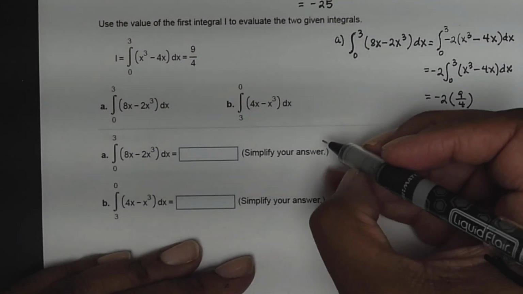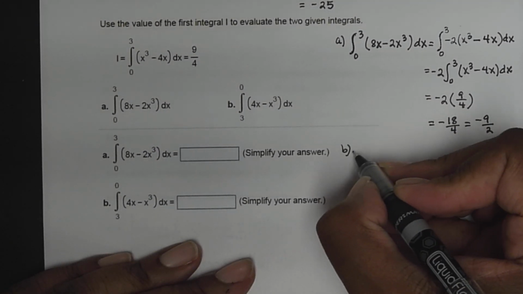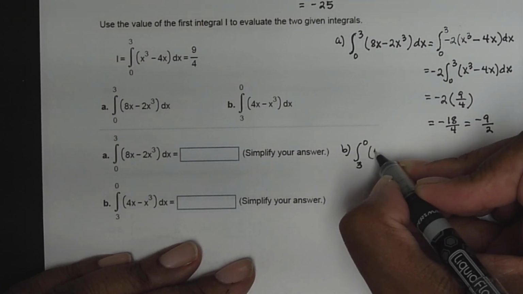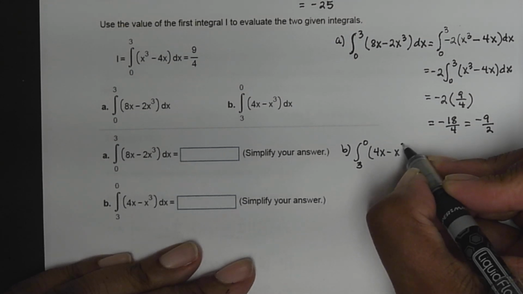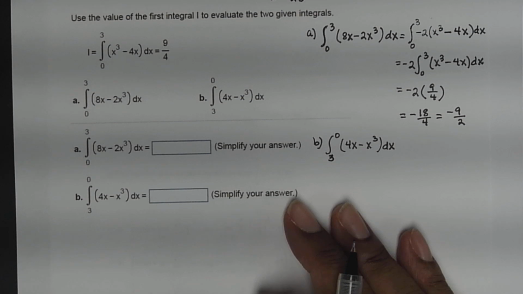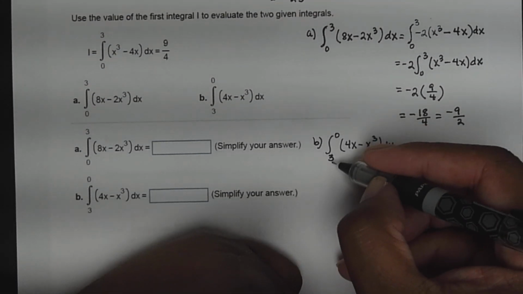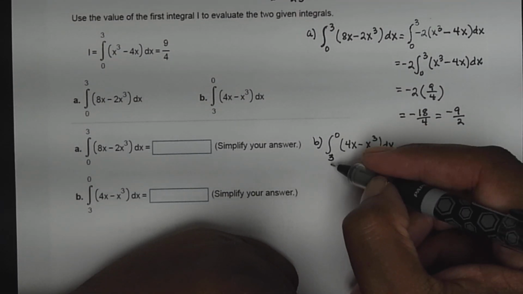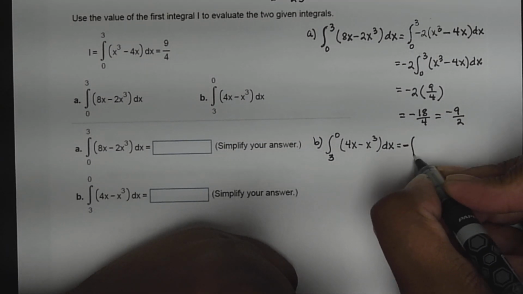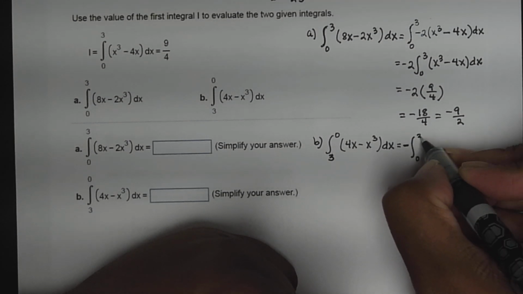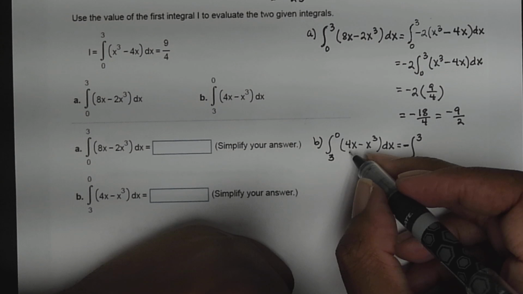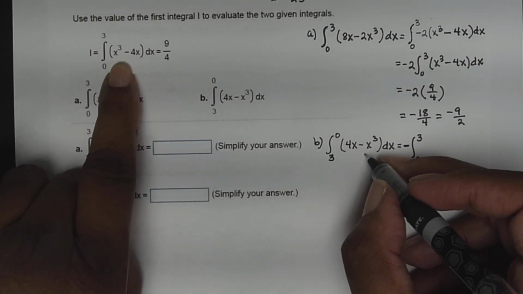Part B looks like this. The integral from 3 to 0 of 4x minus x cubed dx. Well, I like for the lower limit to be on the bottom and the upper limit on top, so I'll swap these out and put a negative sign in front. So it'll be negative times the integral from 0 to 3 of 4x minus x cubed. That's almost like this one.